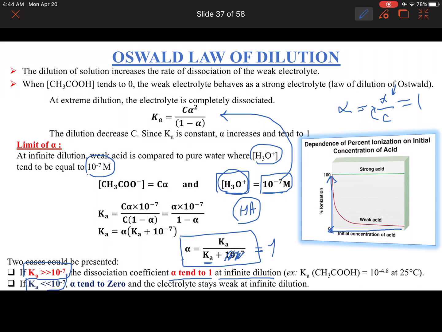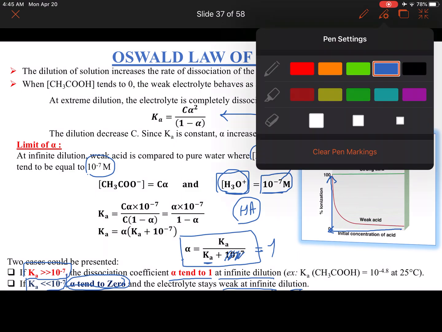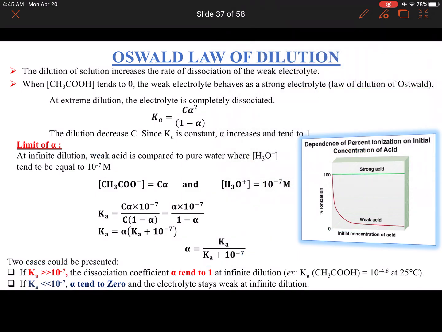Alpha tends to 0, because no matter what happens, this Ka is way too small, and it's still going to be a weak electrolyte at infinite dilution, and you're not going to dissociate it much.